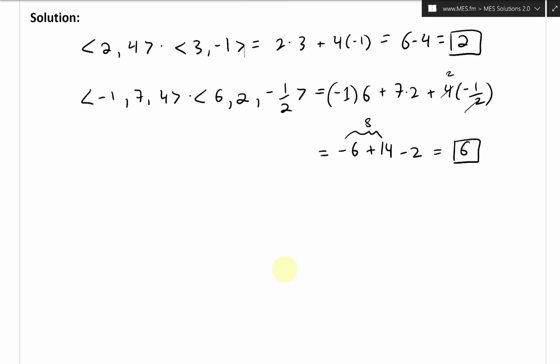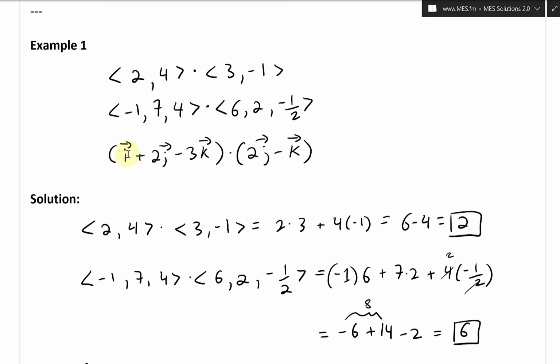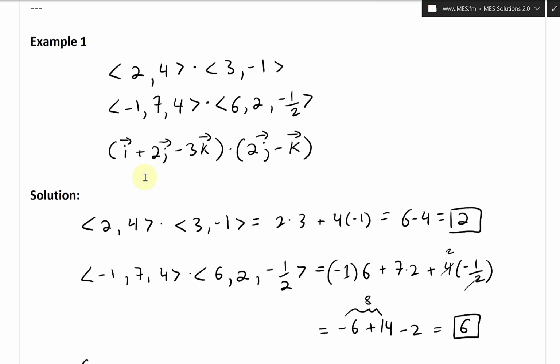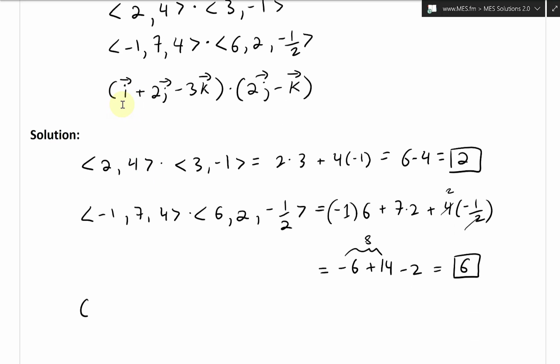So now let's take a look at the next one. This one is using the standard basis vector form. Recall from the earlier video, each one of these, for example this one here, is just the vector 1, 0, 0.